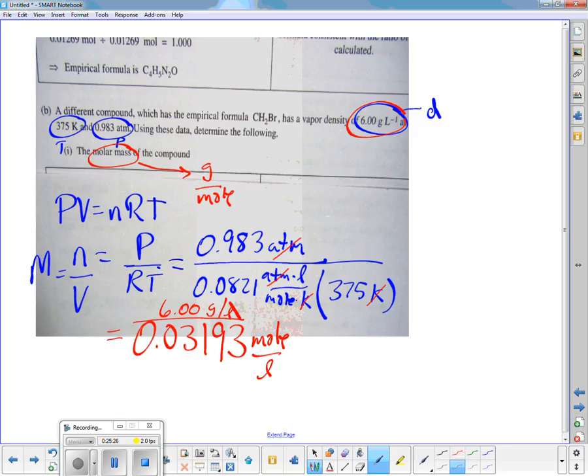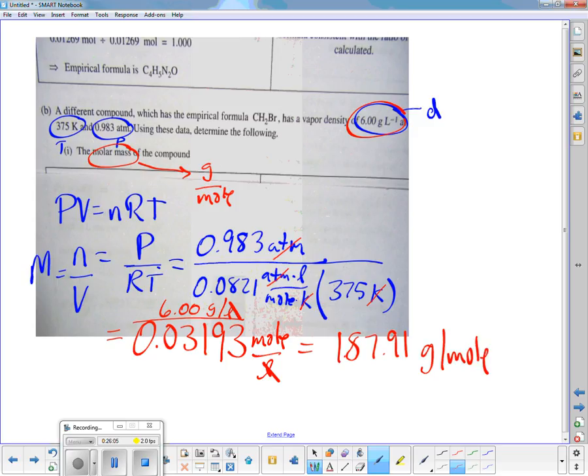The liters will cancel, and I'll end up with grams per mole, right? 187.91, and that would be grams per mole.